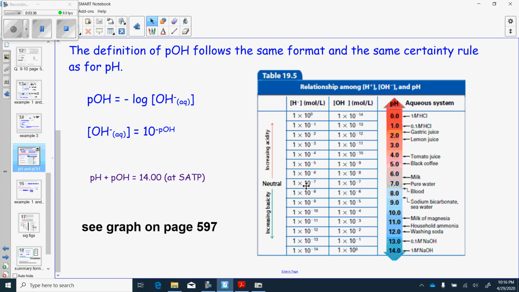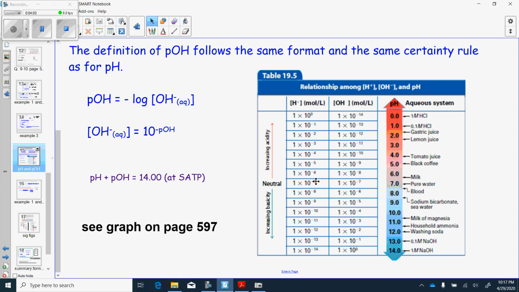So how the pH scale works is it's a logarithm. I know in math class, Mrs. Baker talks about logarithms, and she actually uses the pH scale as an example of how logarithms work. So if we start here at our neutral solution and we have an exponent of -7 and an exponent of -7, because those concentrations are equal, we know it's neutral.